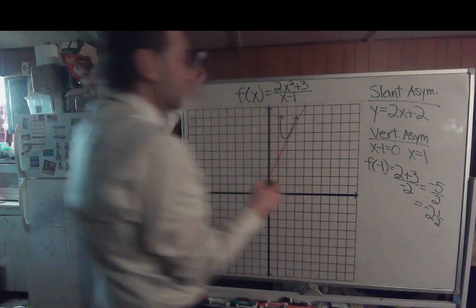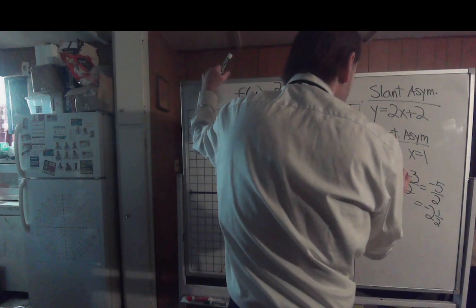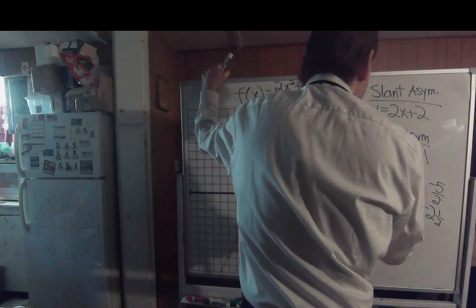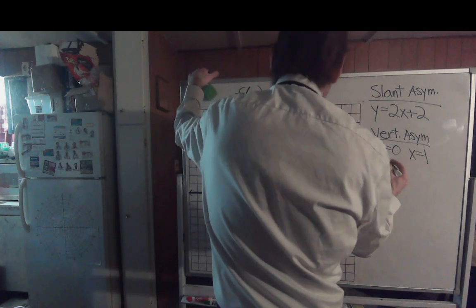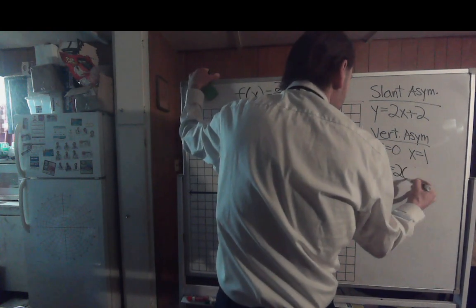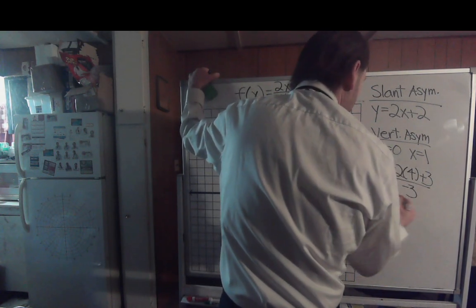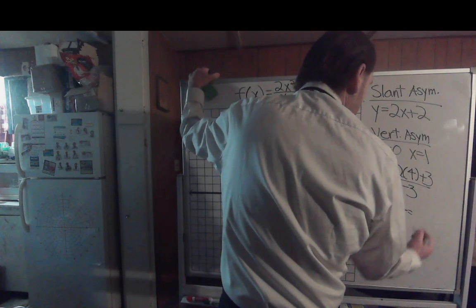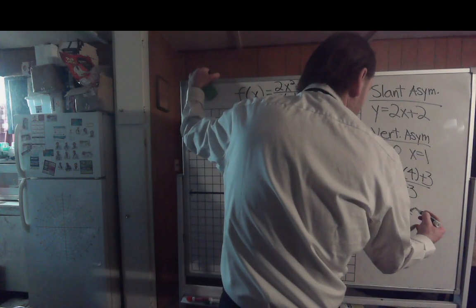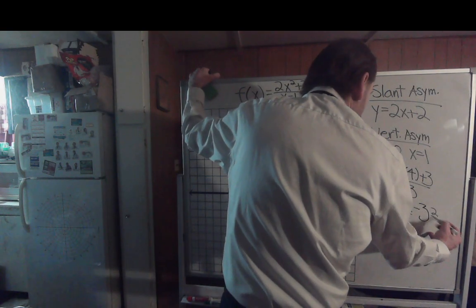And then, if I did negative 2, for f of negative 2, I'd end up getting 2 times 4 plus 3 all over negative 3, which would end up giving me 11 over negative 3, which would be back down to negative 3 2/3.